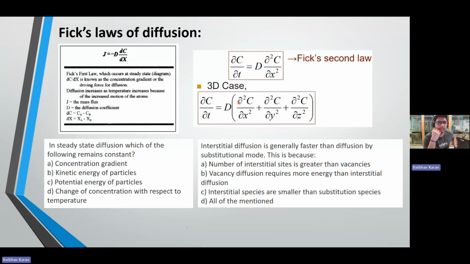Then Fick's second law relates the rate of change of concentration with time to the concentration gradient, in case of 2D, and in case of 3D we saw that.